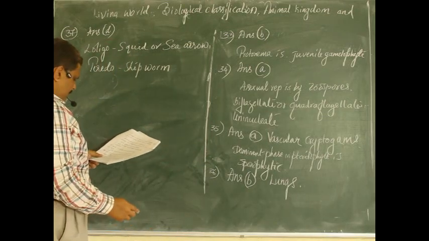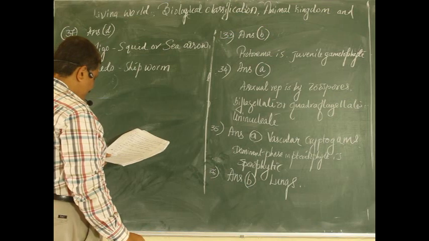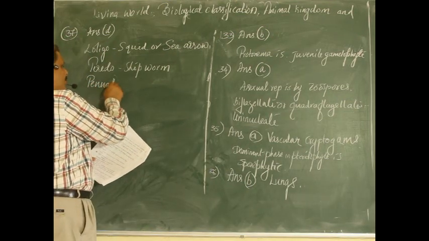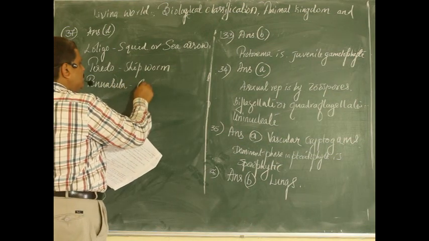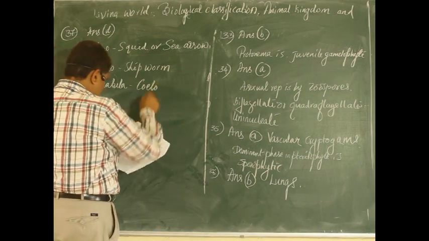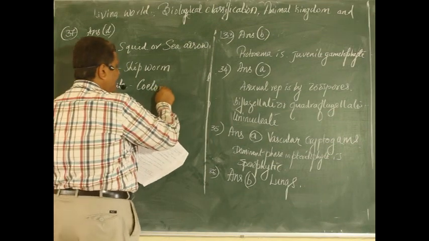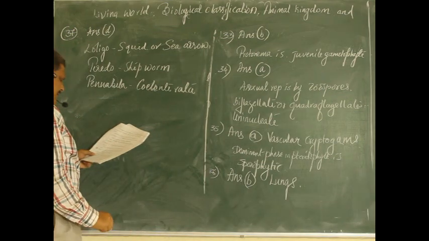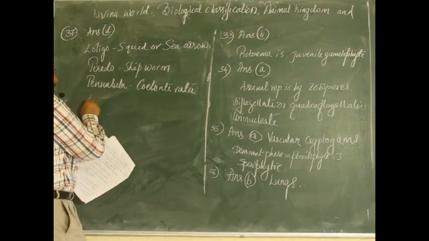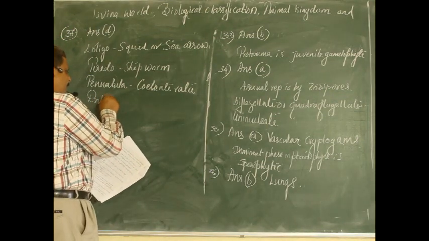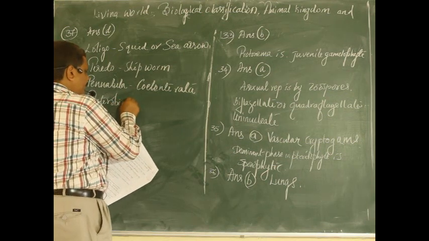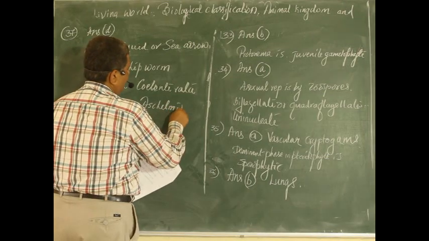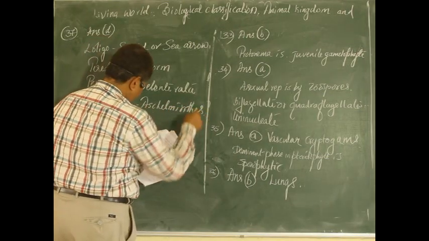Then Pennatula, another organism, belongs to Coelenterata. Enterobius vermicularis belongs to Aschelminthes.